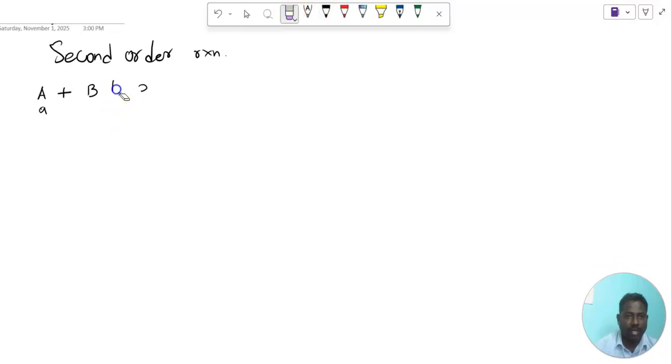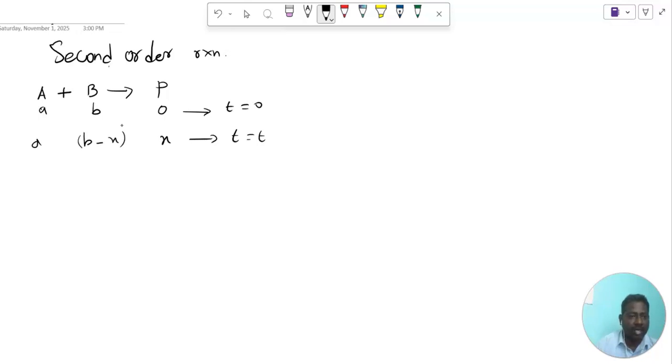You know the reaction A plus B gives product. So let us first discuss the moles. Initially, at time t equal to 0, it is 0 for the product. After a certain time, let us say time is equal to t, x moles of product form at that particular time. The concentration of B remaining can be determined by subtracting the product, so it is b minus x and a minus x.